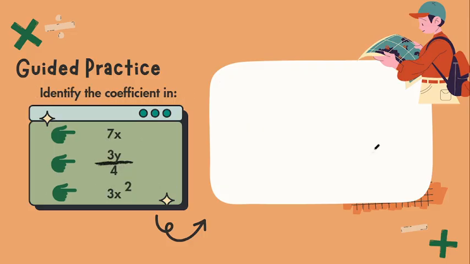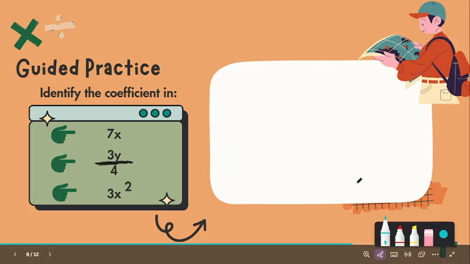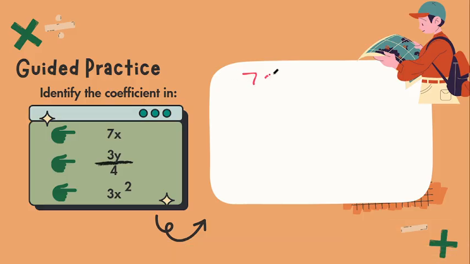Well done. Okay, now it's about the second guided practice question set. In that one, we need to identify the coefficient. Before that, I will again remind you what we learned. I will start from the first one, 7x. This x is a letter, so that letter is a variable.